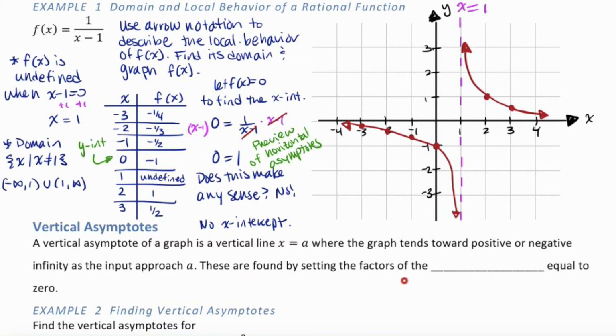These are found by setting the factors of the denominator equal to 0. And recall, when you set the factors of the numerator equal to 0, you find the x-intercepts.